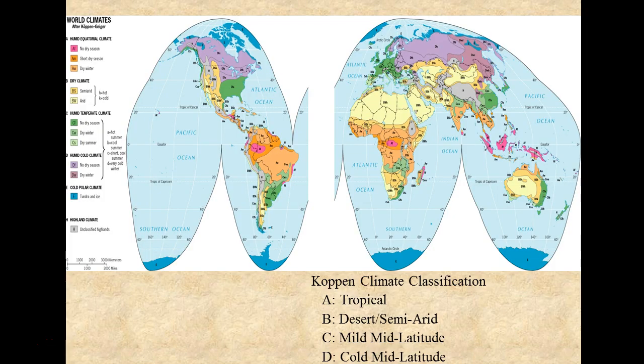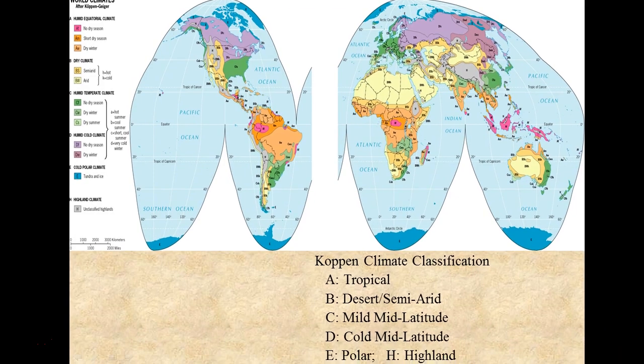The Köppen classification system is used to classify climate regions of the globe and are indicated by colors on this map. On the legend, one can see there are 6 broad categories identified by capital letters A through E and H, the definition of which is shown on the slide.